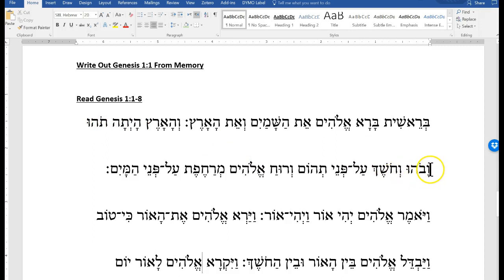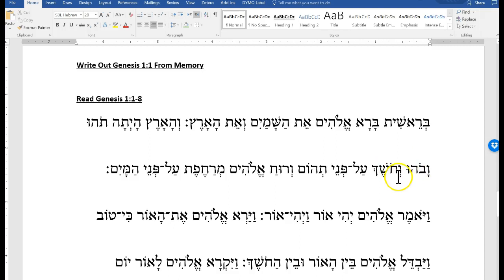Now, often I say va-bohu, but notice that doesn't have the dagesh line there, so va-vohu is going to be the V sound there. The earth was tohu va-vohu, without form and void.